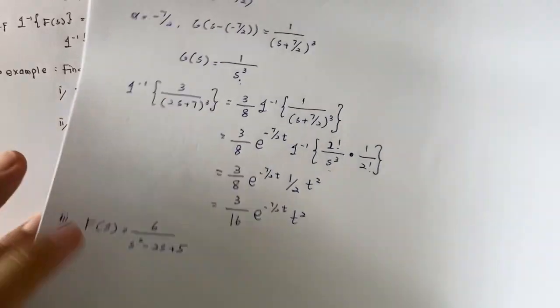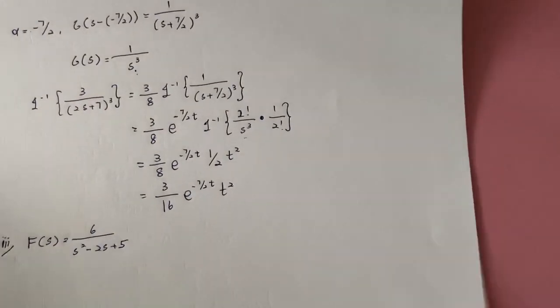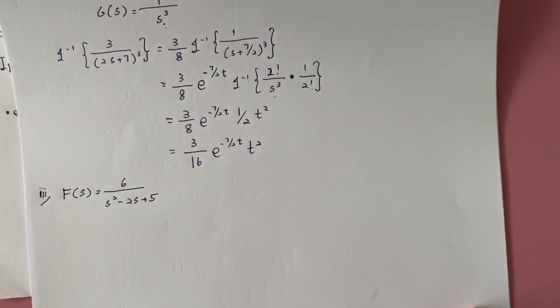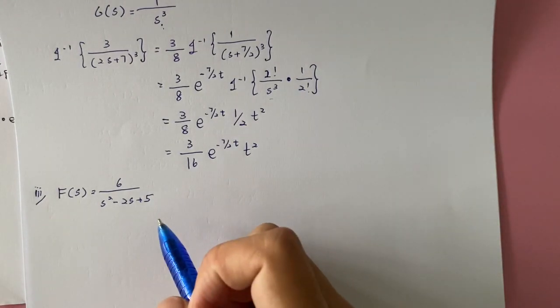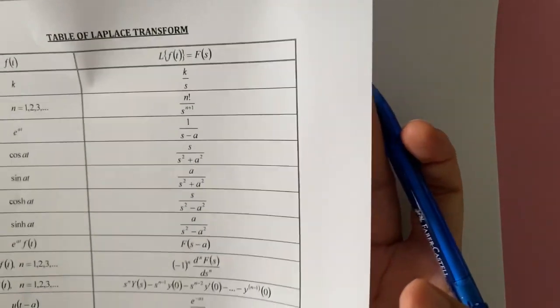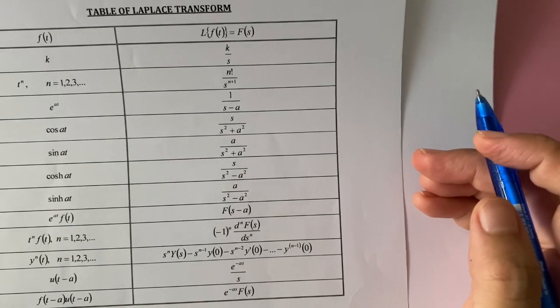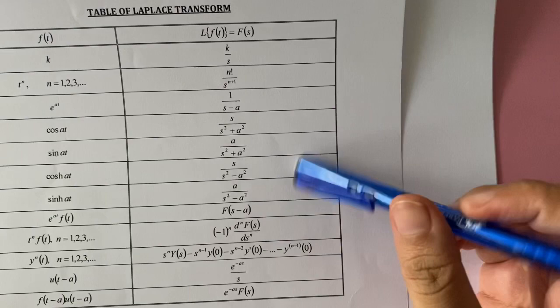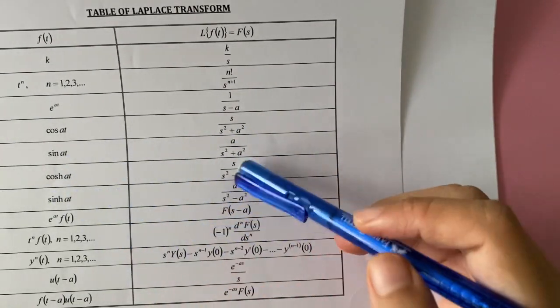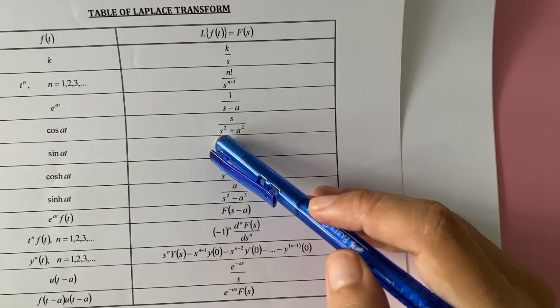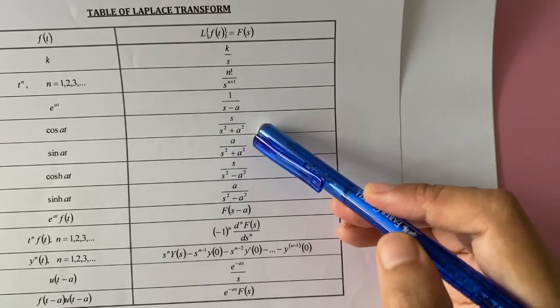Okay, so your F(s) is 6 over s square minus 2s plus 5. So refer to the table. Is there any quadratic for the denominator? Yes, you have, for cos and sine, but it's just s square plus a square.